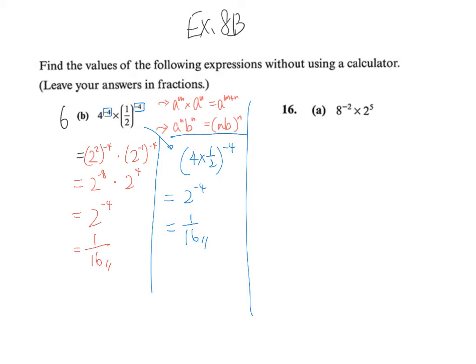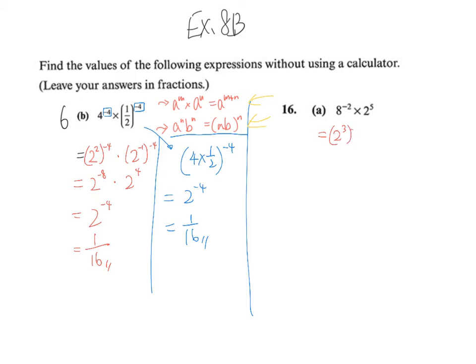Okay. And another question, number 16: 8 to the power negative 2 times 2 to the power 5. Based on what I mentioned, we try to change to the same base or the same index. Negative 2 and 5 are difficult to change to the same index, but to change to the same base, I can change 8 to 2 cubed.